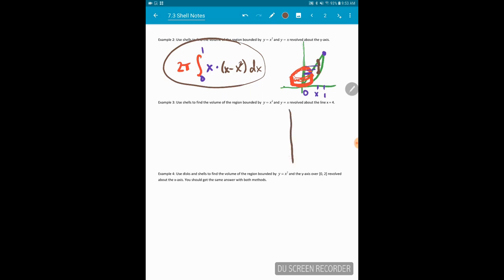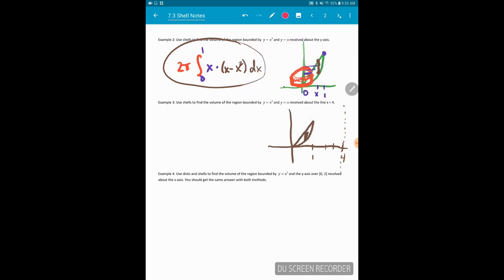If I take this exact same picture, but instead of rotating it around the y-axis, I rotate it around, and this won't be drawn to scale, but if I rotate it around y equals 4, or I'm sorry, x equals 4, what's going to happen is I have the exact same rectangles.